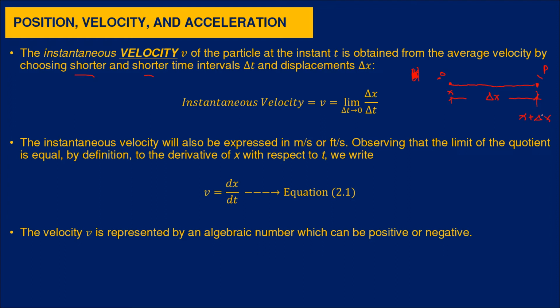Now, if we choose shorter and shorter time intervals, that is when the interval becomes very small, that is now the time we will consider calculus in solving the instantaneous velocity.